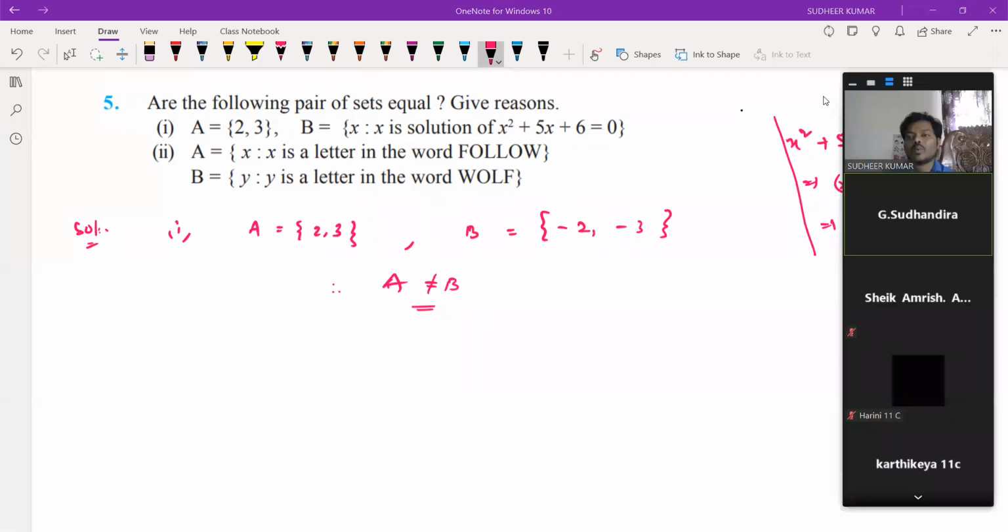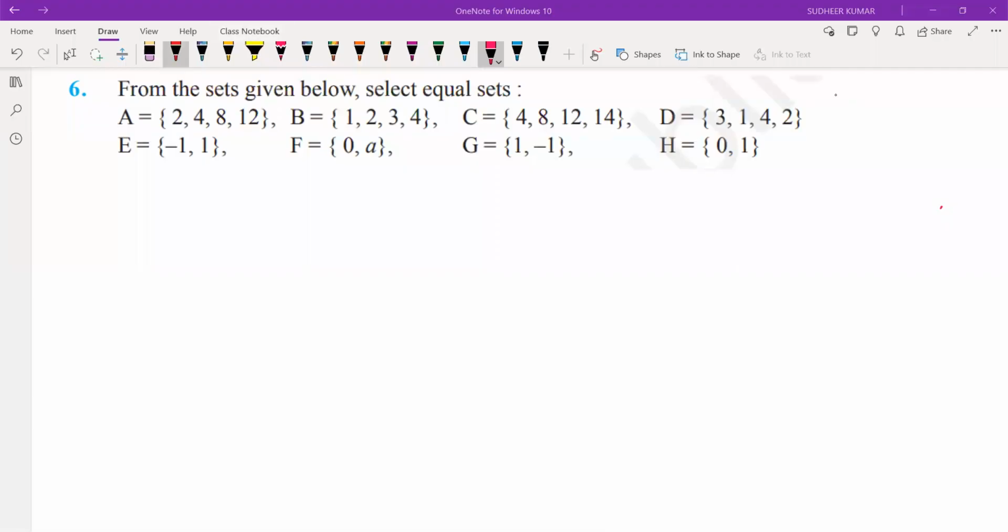Let us go to the next. So 2, 4, 8, 12. So we could not find. So set B is 1, 2, 3, 4, and set D also 1, 2, 3, 4.